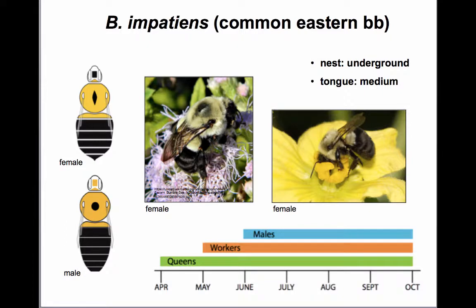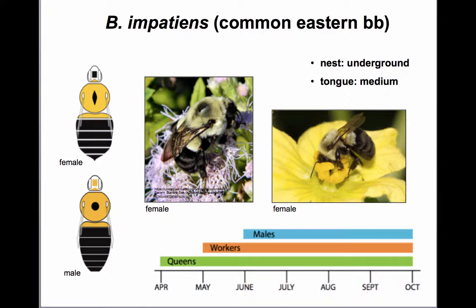The segments are numbered starting with the one closest to the thorax. So for Bombus impatiens, we would say that T1, or that first abdominal segment, is all yellow, and the rest, or the tail, T2 through T6, or T2 through T7 on the male, is all black.